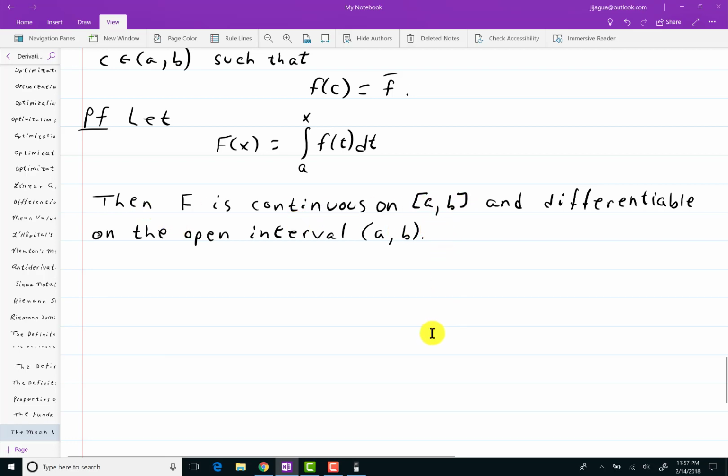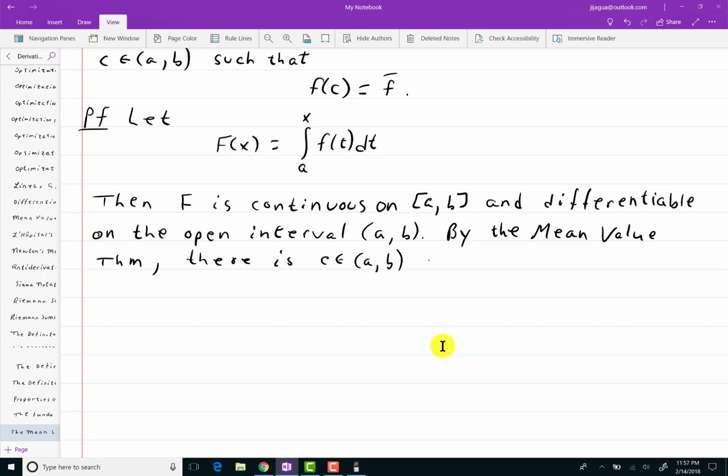If that's the case, by just the mean value theorem, that's for differentiable functions, there is a c in the open interval ab with capital F prime of c equals capital F of b minus capital F of a all over b minus a.